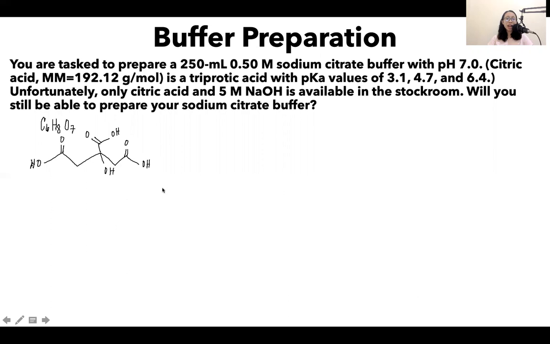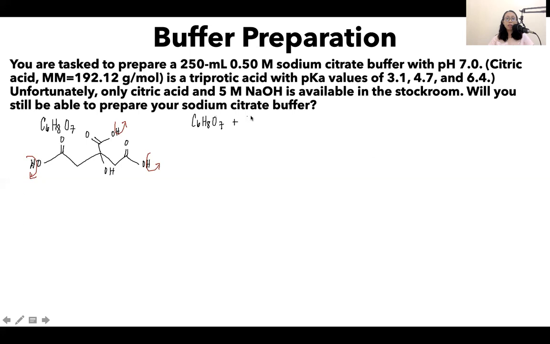So you see that it has three carboxylic acid functional groups, and these are the three ionizable protons. Okay, so now let me write the dissociation reaction so that you will just see how citric acid dissociates.